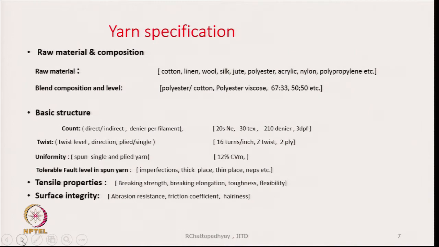And other special specifications could be whether it is a moisture management type of yarn, or you need flame retardant, resin treated or enzyme treated. So many points are there based on which the yarn specification is made, or if we want to buy the yarn from a vendor, we can also specify the actual values.